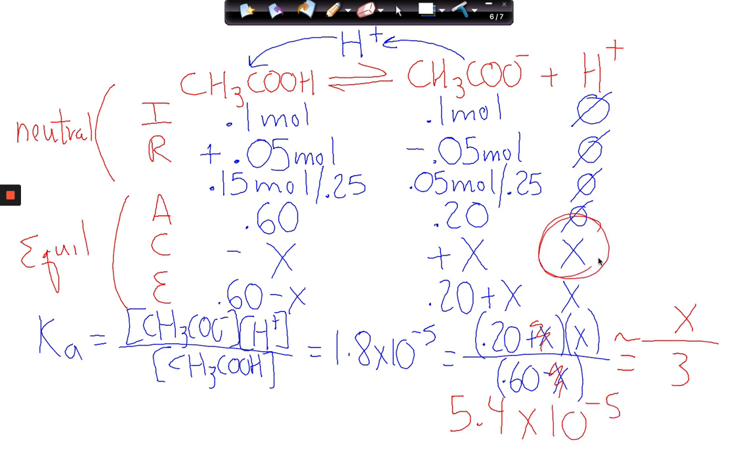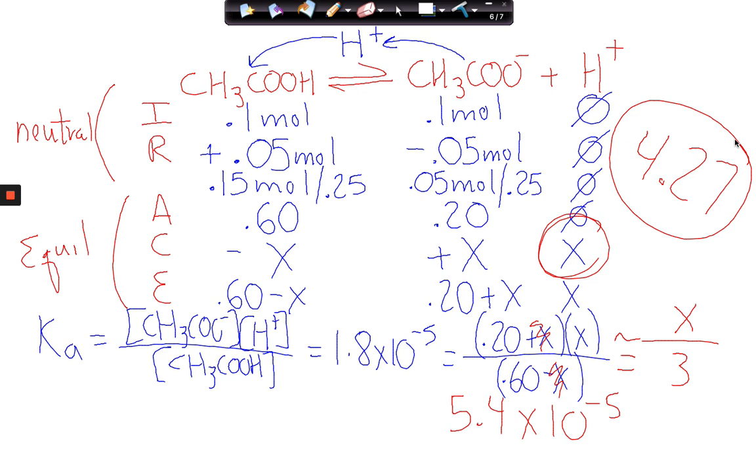So guys, that is our concentration of hydrogen ion. Then forgive me for not doing, we should write this out, pH is equal to the negative log of, but let's just take the negative log of that. We've played that game enough. And guys, I get 4.27. That will then be the pH of the buffer.